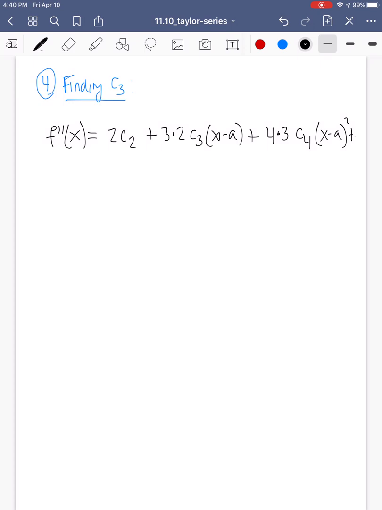And if we want to find c3, we're going to take a third derivative and evaluate at x equals a.